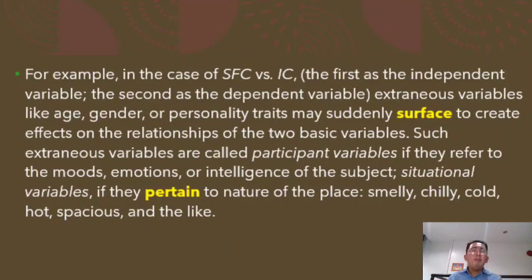For example, in the case of SFG versus IC, the first as the independent variable and the second as the dependent variable that we've discussed, extraneous variables like age, gender, or personality traits may suddenly surface to create effects on the relationships of the two basic variables. Such extraneous variables are called participant variables.